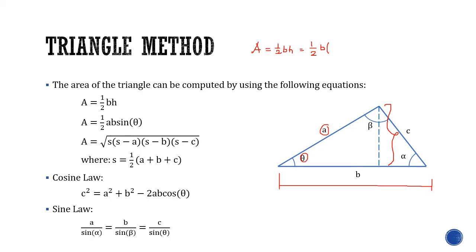Sin theta ay equal to opposite over hypotenuse, kung ito ay H. Height ay equal to A sin theta. If you will rearrange this one, you will get 1/2 AB sin theta.